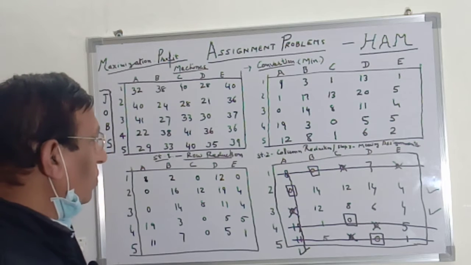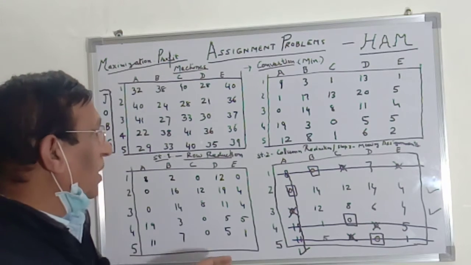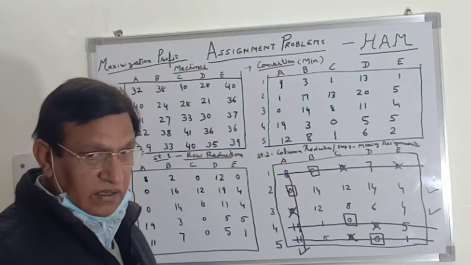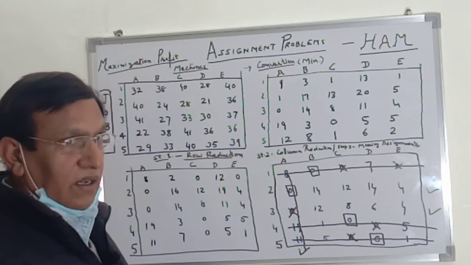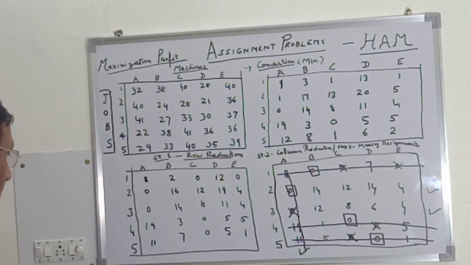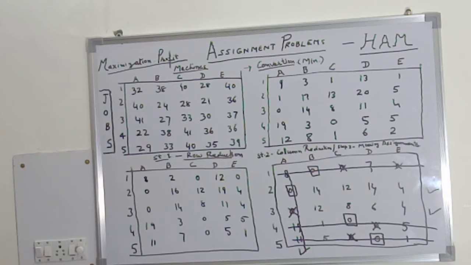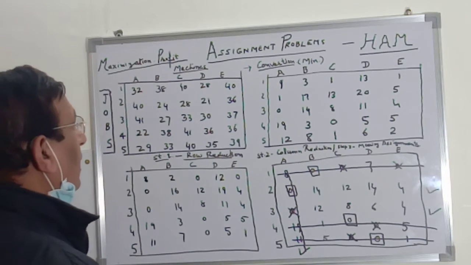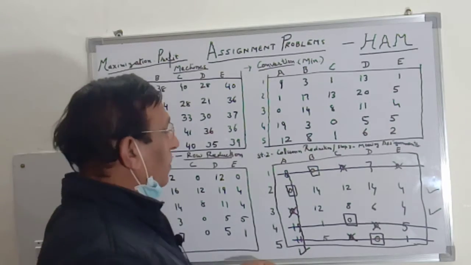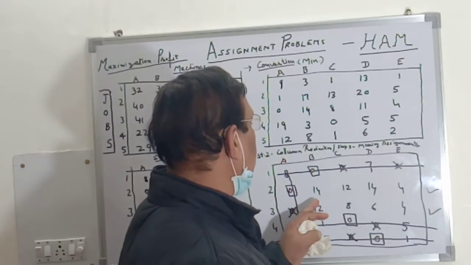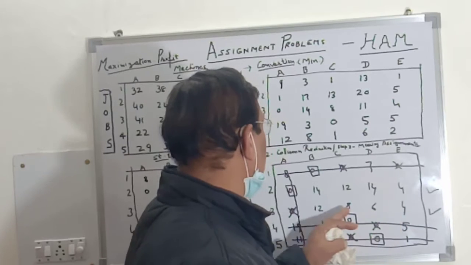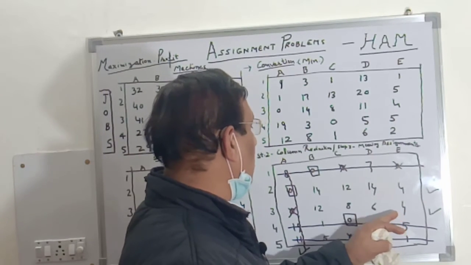Now, you have to make a fresh table. So here, we will make another table as a fresh table, and the technique is the same. Select the minimum element from the uncovered elements, and that element is 4.